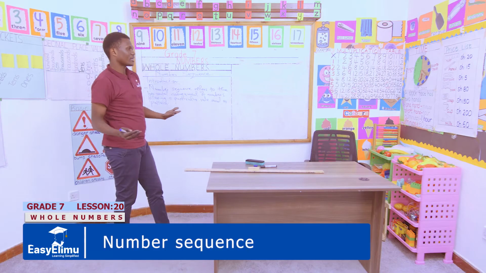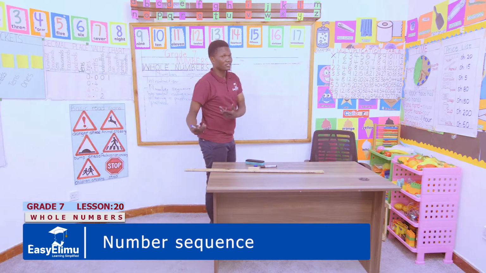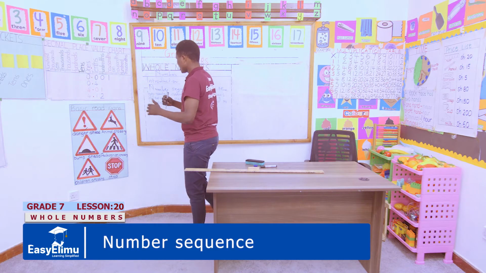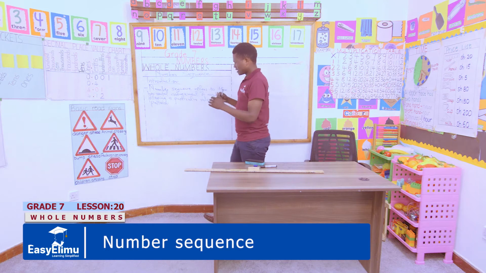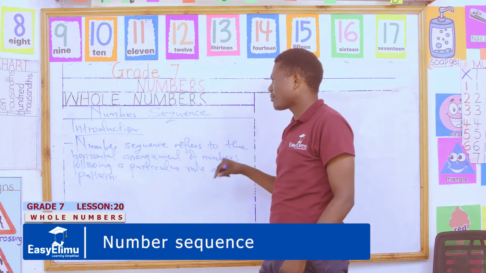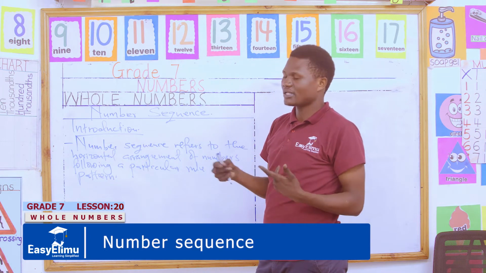Someone can start arranging numbers starting from a particular value and follow a consistent pattern in that particular order. If you are able to arrange numbers in a particular consistent order, then whatever you come up with is what we call a number sequence.